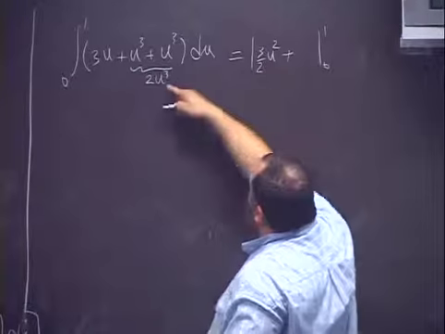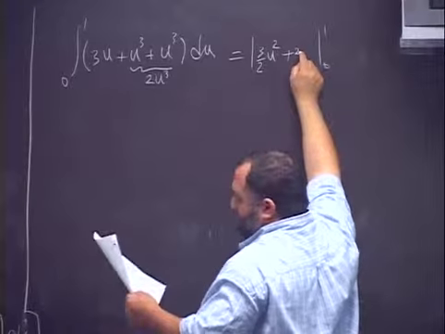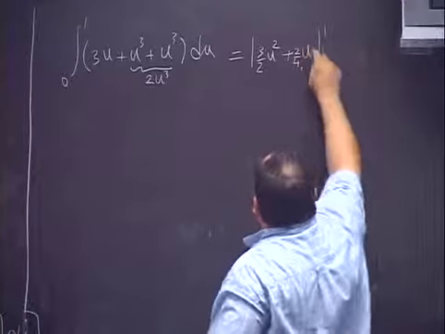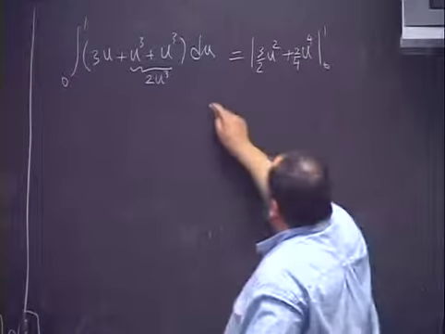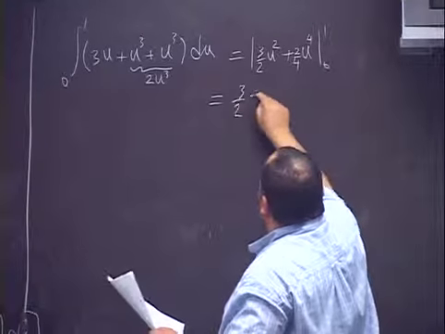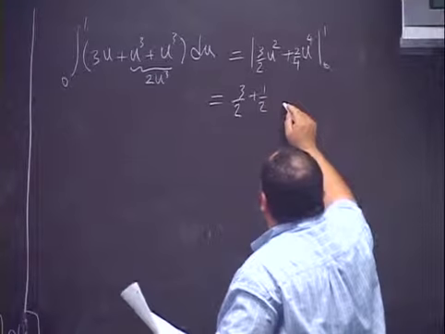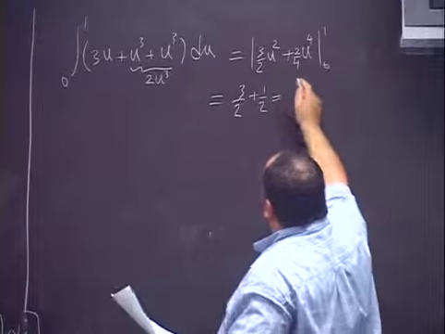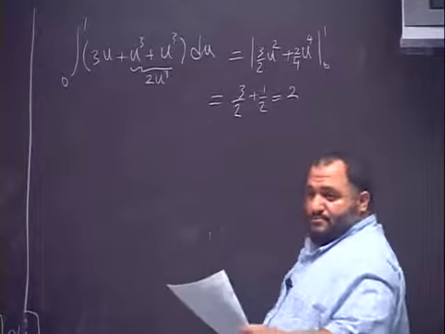And what's the integration of this one? 2/4 u to the power of 4. So if you do this at 1, this will give you 3/2 plus 1/2. And at 0, this will give you 0. So what's this? 2.